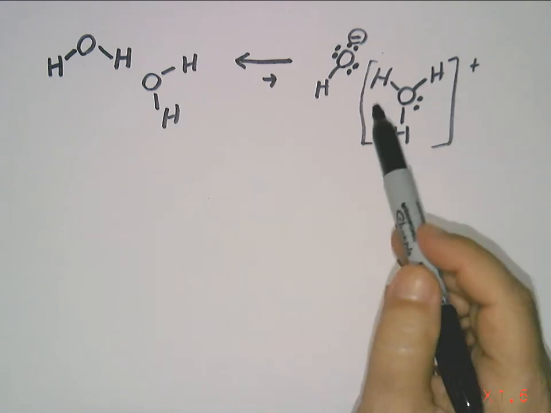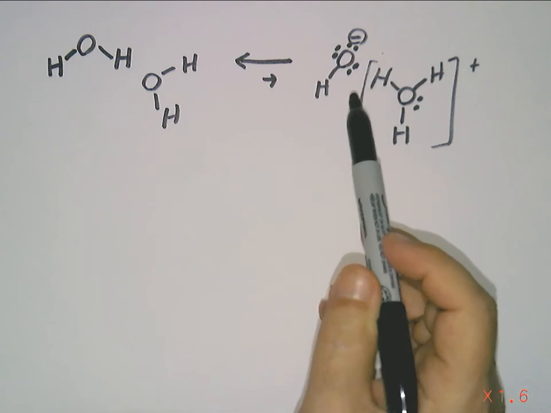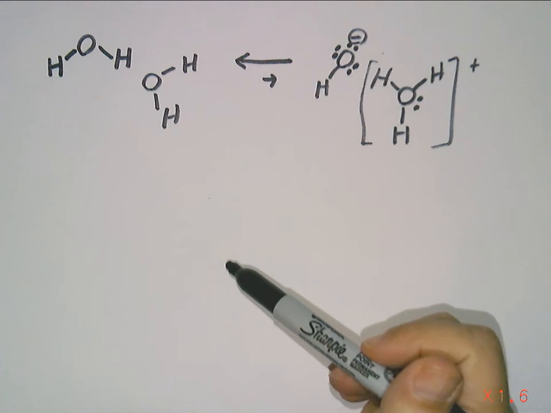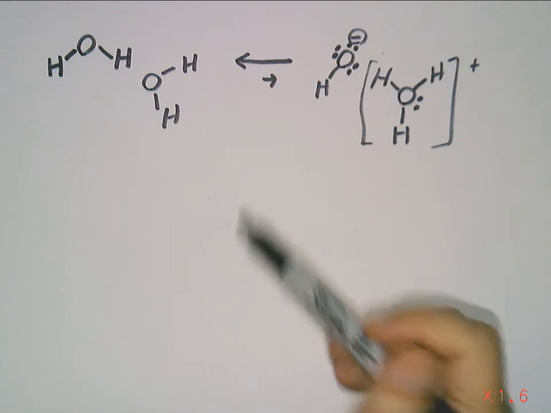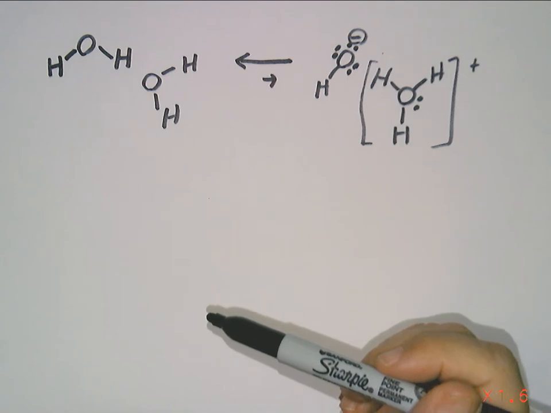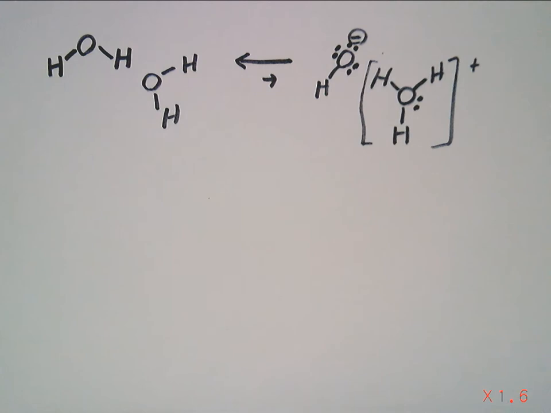But this happens very rarely. 1 out of every 10 million water molecules will be in a broken state like this. So a molecular compound like water does not conduct electricity on the same level as an ionic compound. An ionic compound will conduct a lot of electricity.